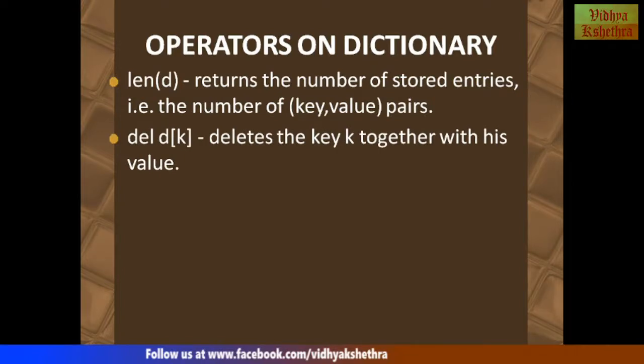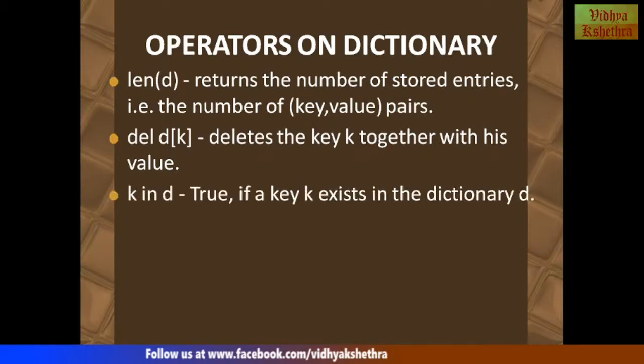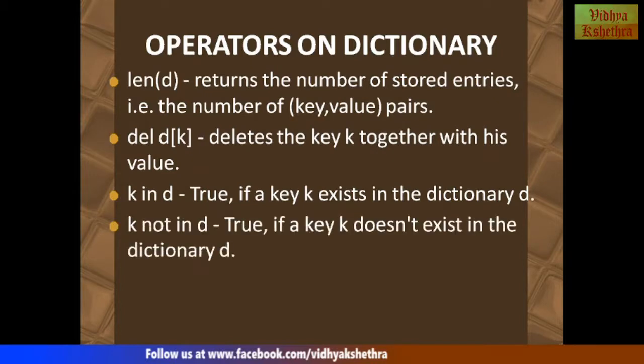Similarly, del d[k] is used to delete the key k together with its value. k in d is used to find out whether a key k exists in the dictionary d. Similar to that is k not in d. It returns true if the key k does not exist in the dictionary d.